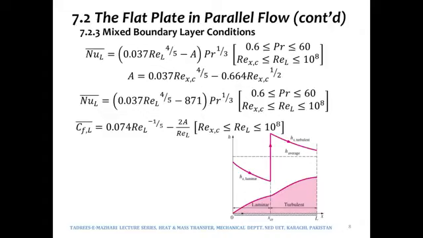So almost all the equations of Nusselt number that we will come across would be in terms of Reynolds number and Prandtl number. The coefficients would get changed, the terms would get added up, right? For example, over here 871 got added up. But the original form would remain the same, right? It would be in terms of Reynolds number and Prandtl number.